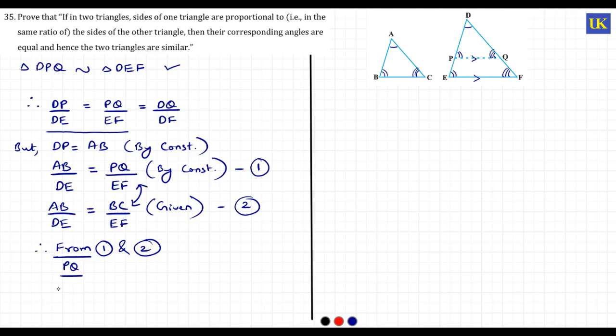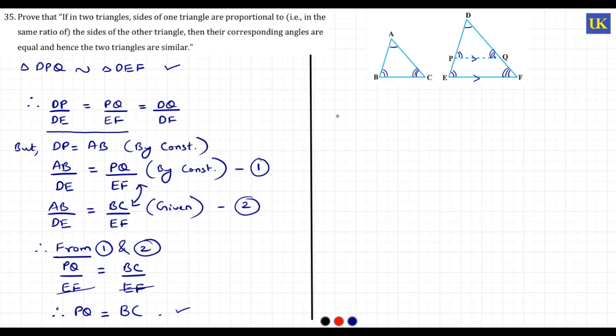So PQ upon EF will then be equal to BC upon EF. Both these denominators I will knock off, and then we will be left with PQ upon BC. So here what we prove is that PQ is equal to BC.